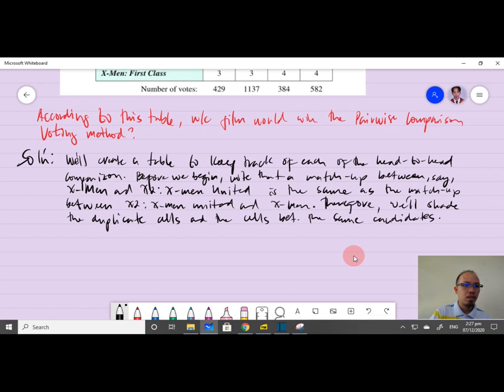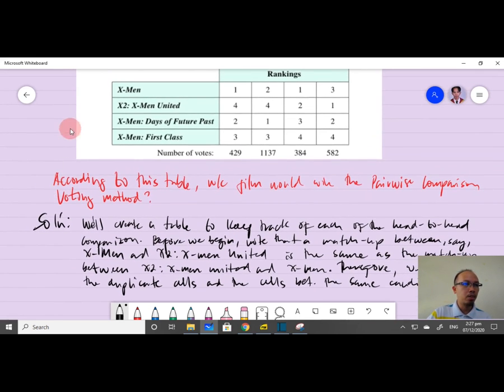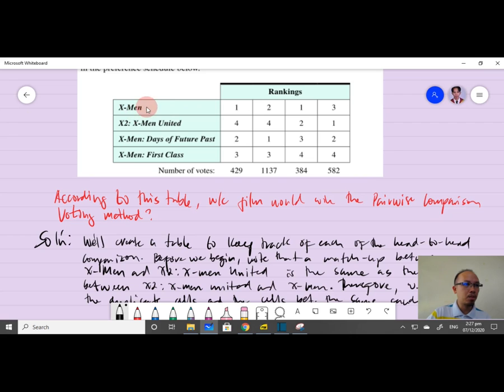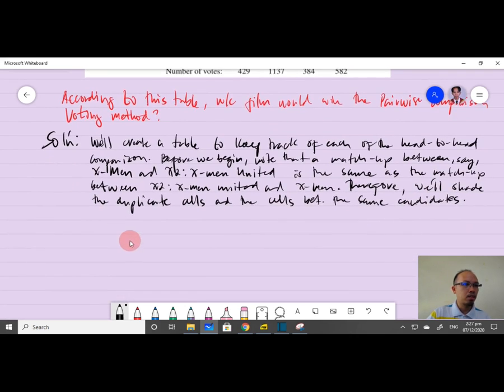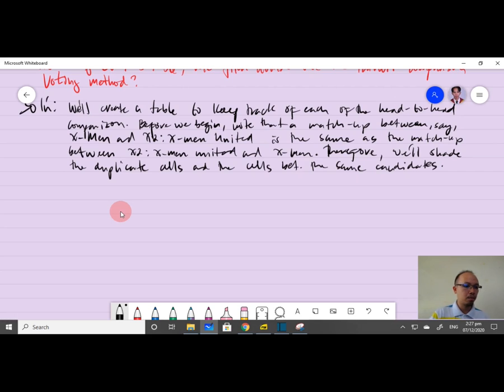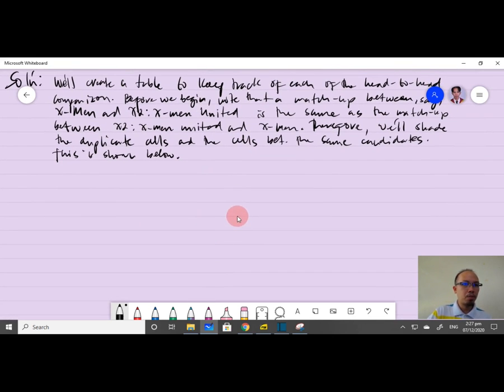Because as you can see, you cannot match up X-Men versus X-Men. That is not the proper way of solving. So this is shown below. I'm going to pause for a moment and then come back later after making the table.